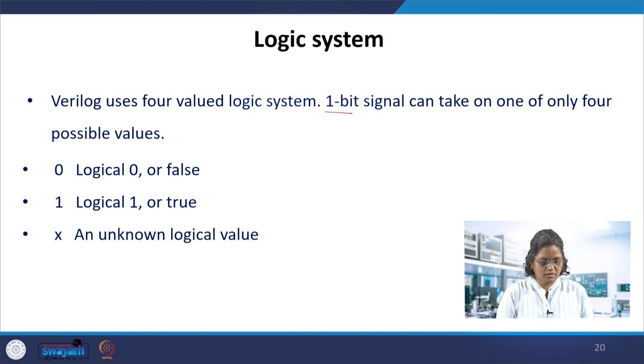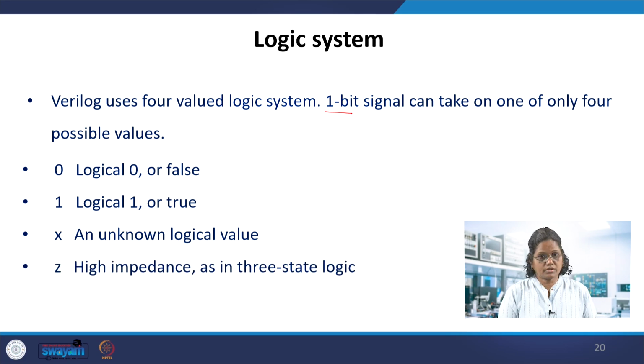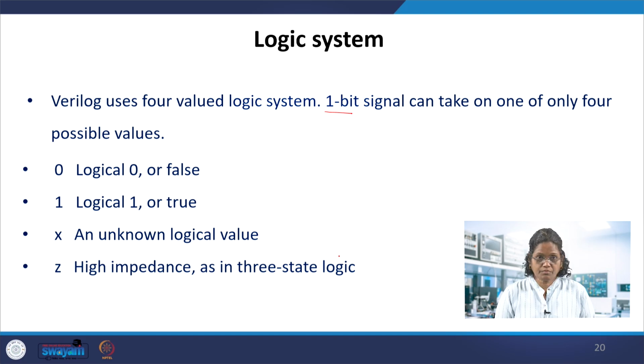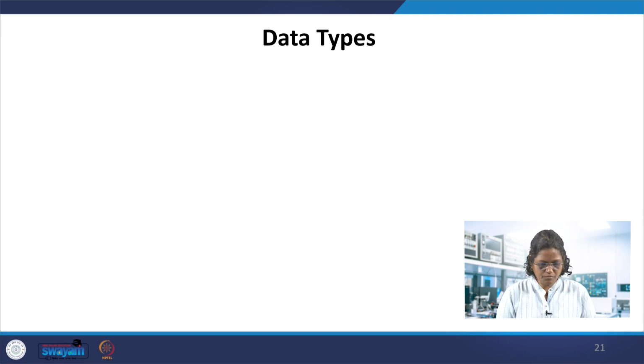X is an unknown logic value. Z is the high impedance state, the 3-state; in 3-state logic we use that as a high impedance number. So it has a 4-value logic system.